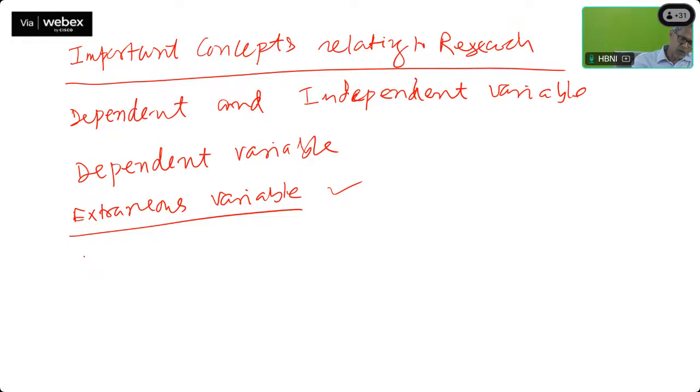Then something called a control variable. An important characteristic of a good research design is to minimize the influence of extraneous variables.